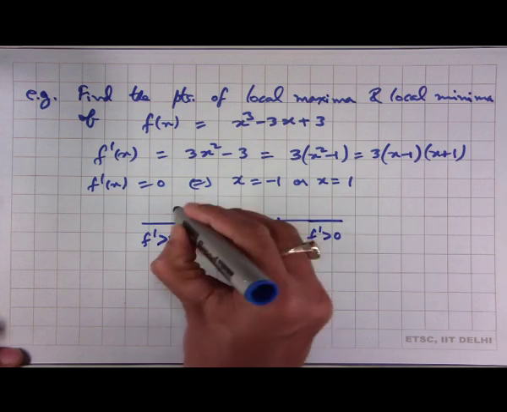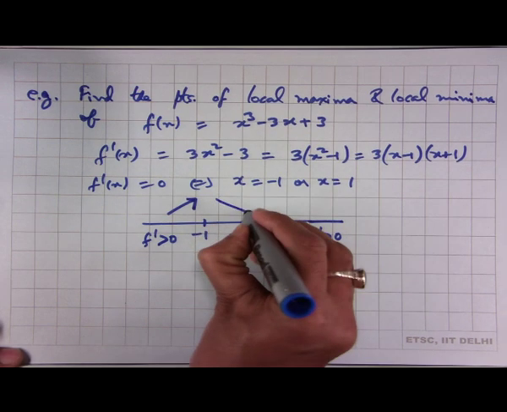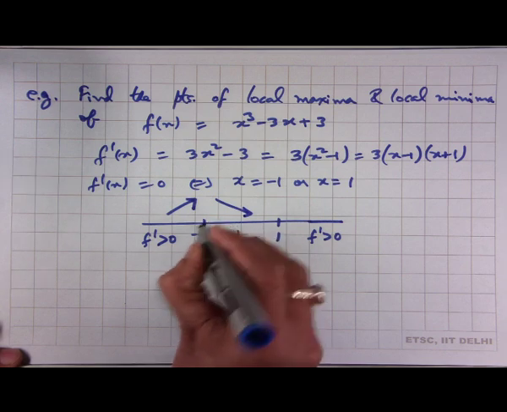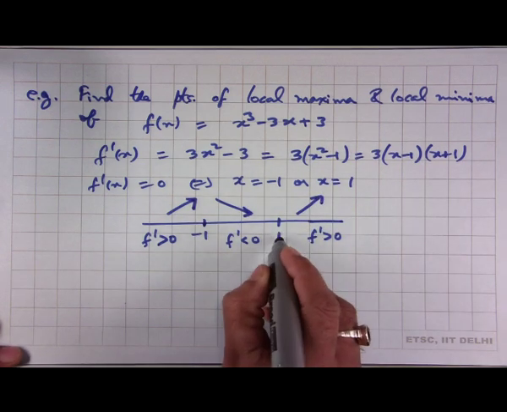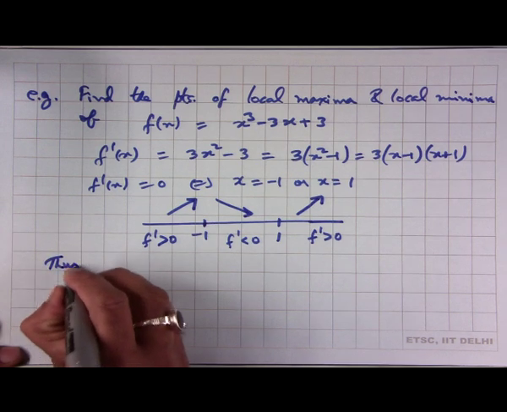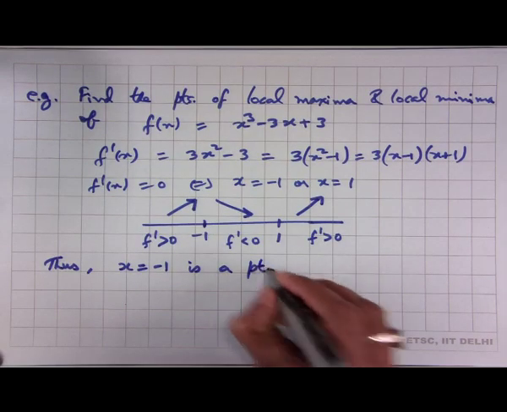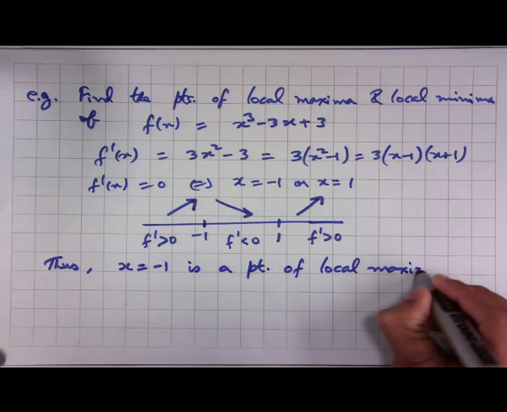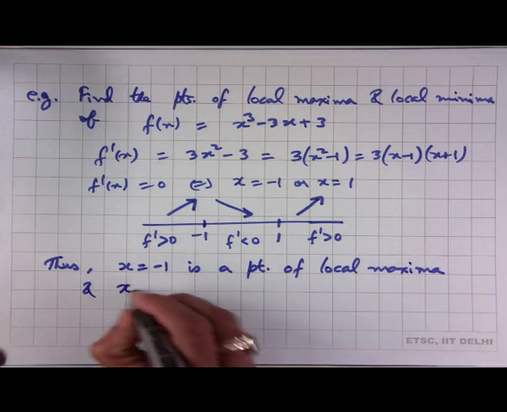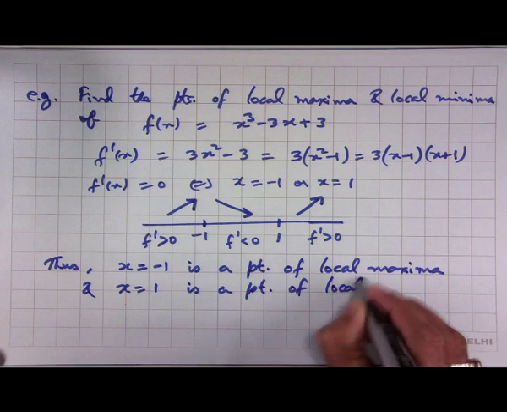So, that means the function is increasing, it changes sign from positive to negative as we move across minus 1, and it changes sign from negative to positive as we move across the point x equal to 1. Thus, x equal to minus 1 is a point of local maxima, and x equal to 1 is a point of local minima.